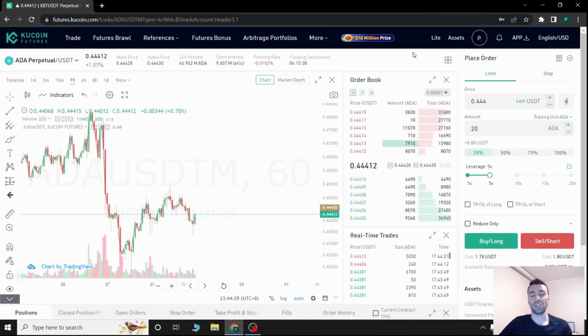Since Binance futures is restricted for some countries, I cannot open a position in Binance futures because of some restriction laws about the countries. So that's why I come to my KuCoin account, which is another exchange.